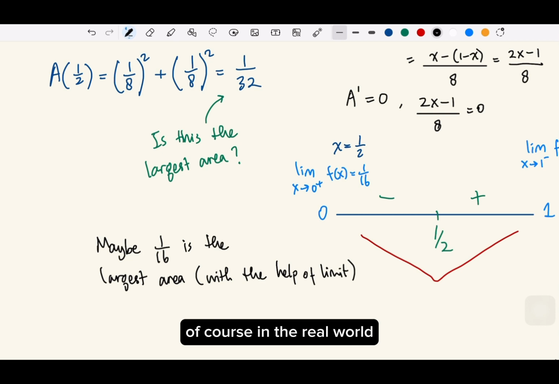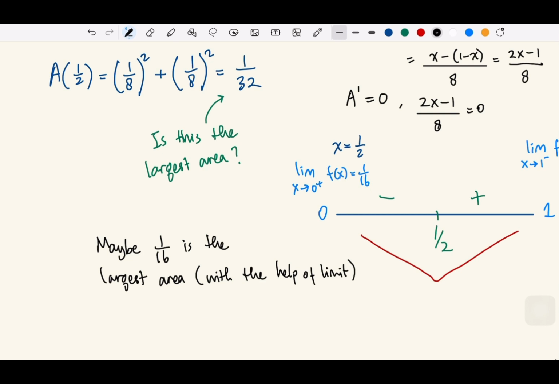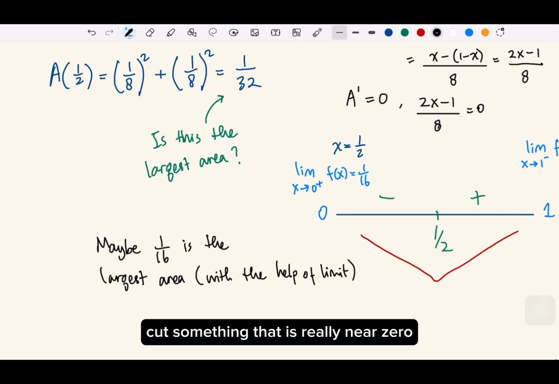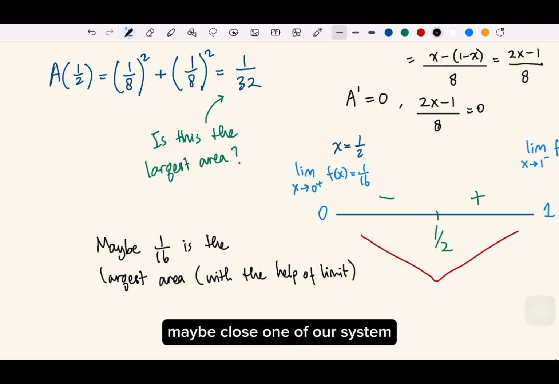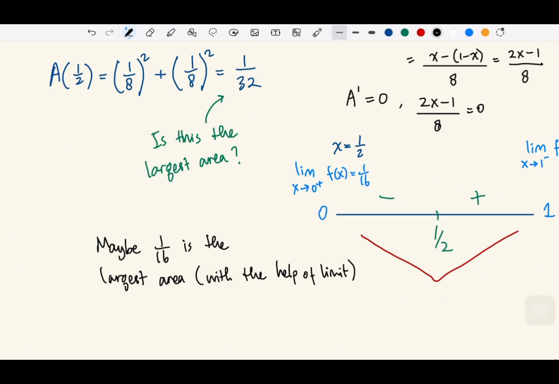Of course, in the real world, if you cut something that is really near 0, it's almost impossible maybe. If you cut, somehow we still get maybe not exactly 1 over 16, but close to 1 over 16. So that's the only way we can approach it, I think, with the help of limit.